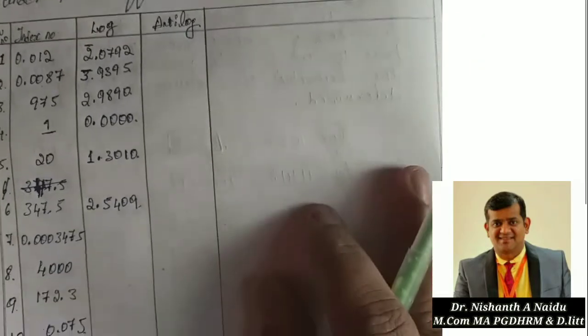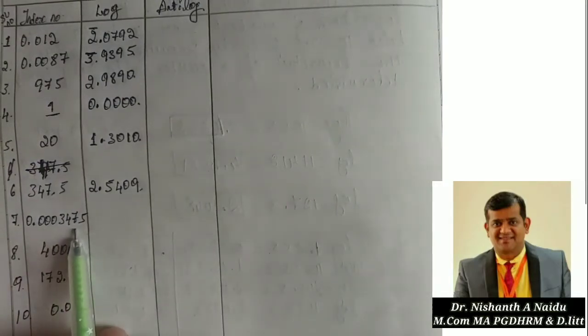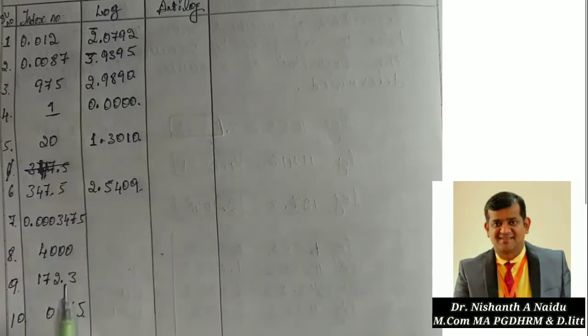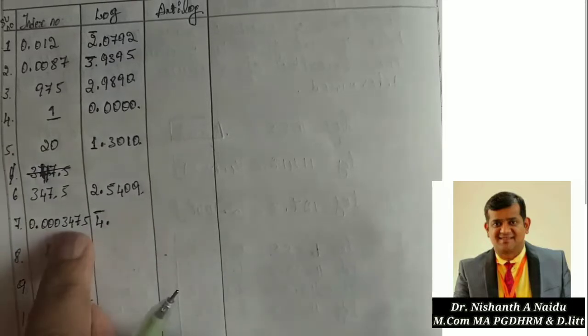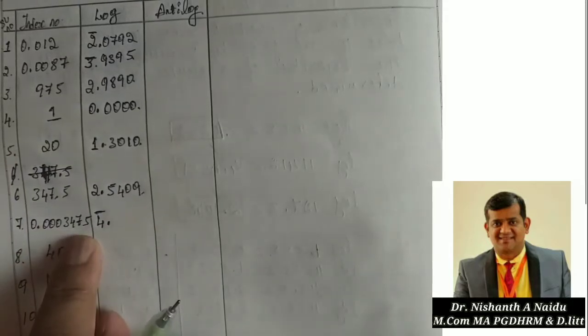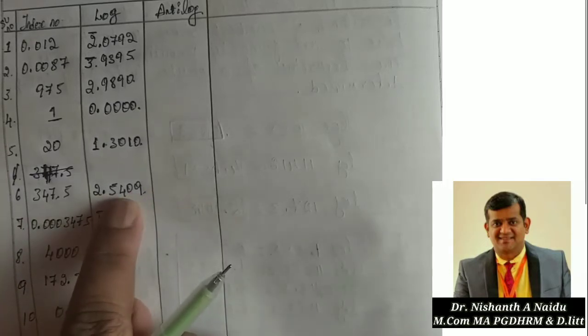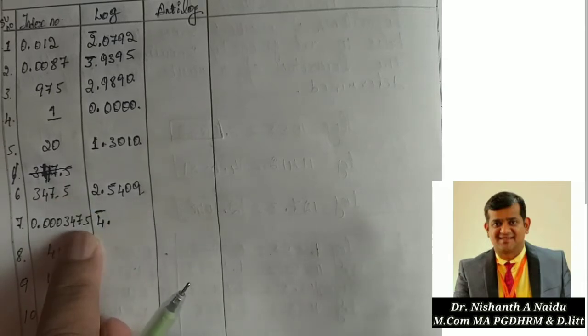Yes, so now it is 0.000347. Correct. So how many zeros are there? 3 zeros. If you add 1, that will become minus 4. So minus 4 will be written like this, 4.3475. As I have already told you in my previous class, only the characteristic value differs, the mantissa value remains the same, because 347.5, 3475 remains the same.